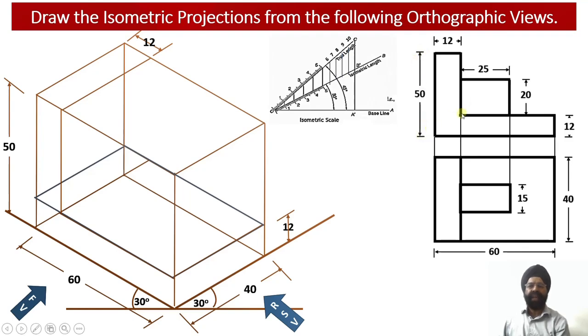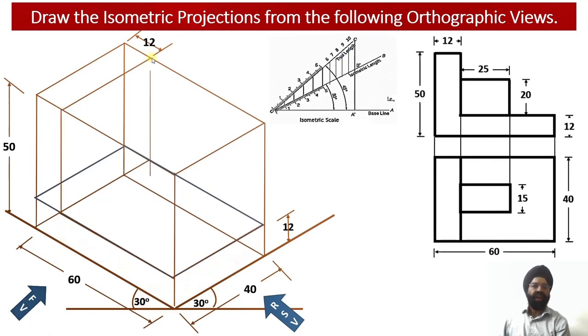So the remaining height of the vertical web will be 38 millimeter, which I have shown over here. I have drawn a vertical projection line from this point as well as from this point.